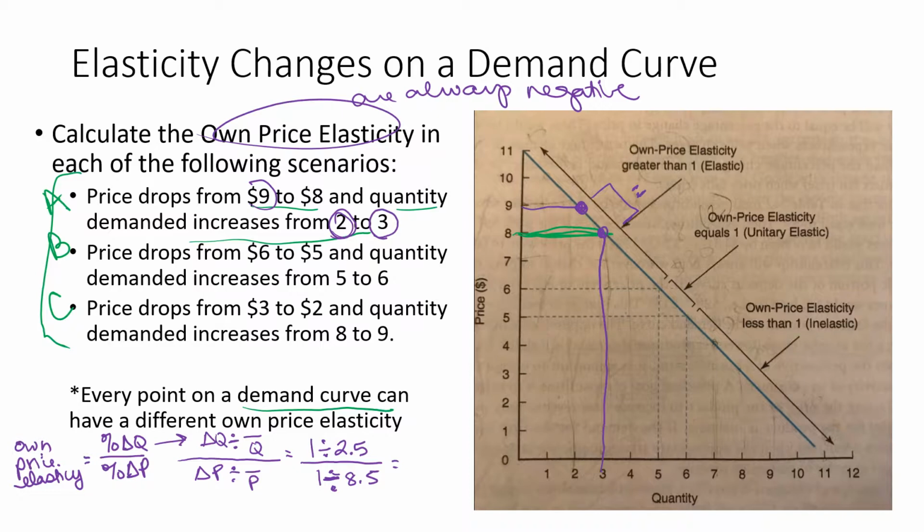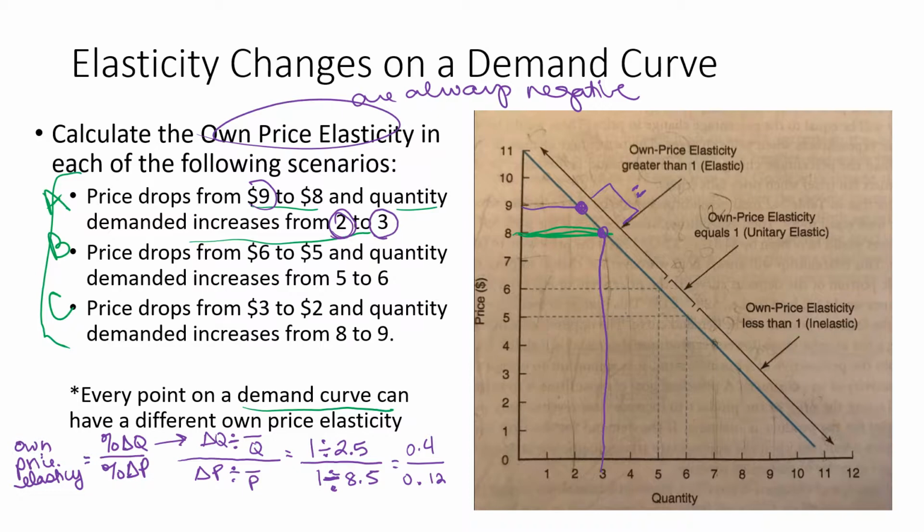So if we calculate that out, 1 divided by 2.5 is 0.4. And then if we divide that by 1 divided by 8.5, 0.12. And then we divide 0.4 divided by 0.12. We get 3.33.